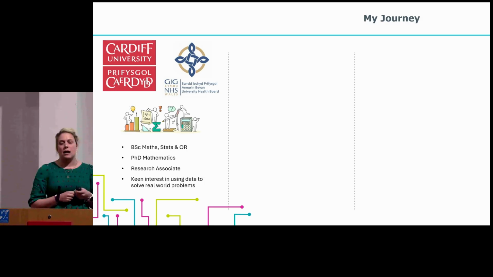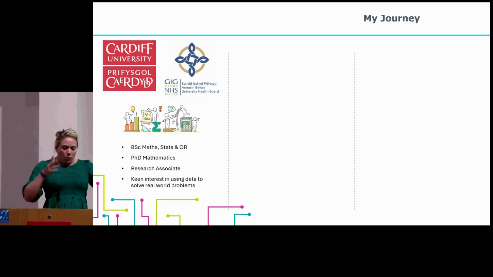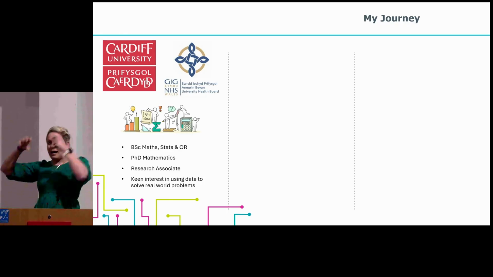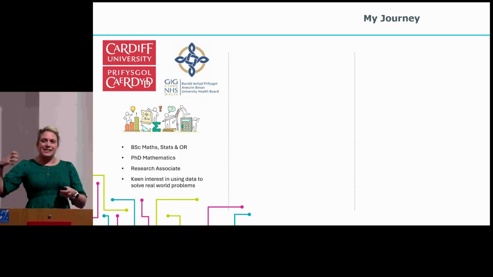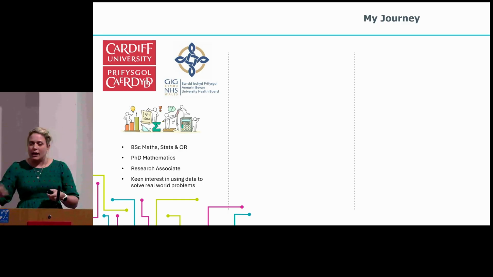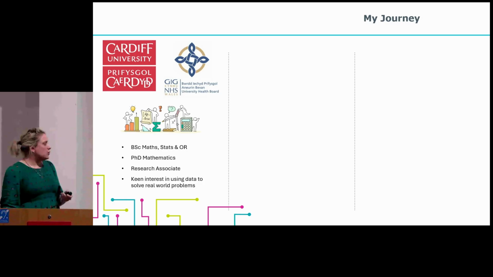My postdoc in particular was with the NHS, looking at how I could take some of the research around optimization and problem solving and put it into the NHS to look at scheduling, waiting times, transforming services. And I grew a real passion for thinking about it: it's great to do these things within academia, and it's great to build these models, but how do we actually get them into place? How do we transition them into solving real world problems? And what are the skills needed to make these work in a real world environment? I still found a big disconnect and a gap at that point in time.